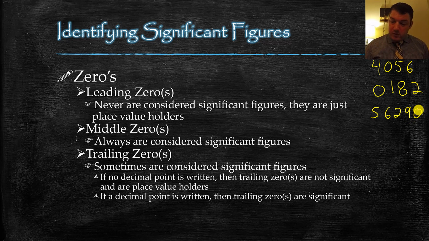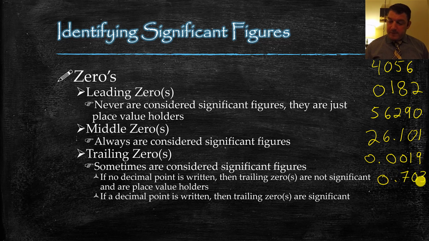Then we'll go to 26.101, and then 0.0019, followed by 0.703, and finally 0.620. So take a second and do those two steps.